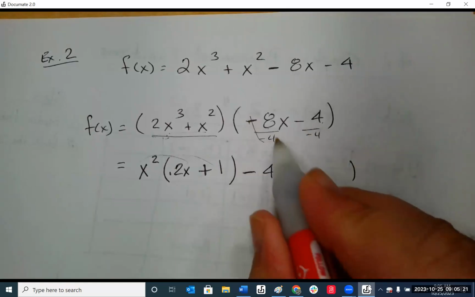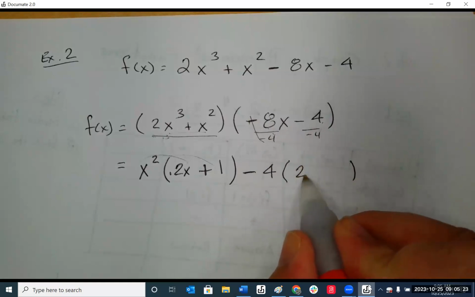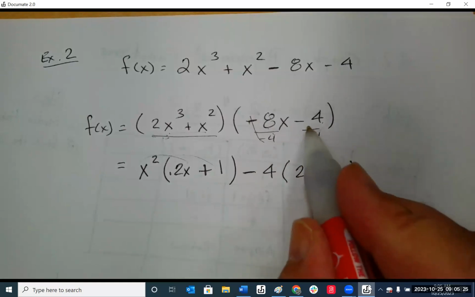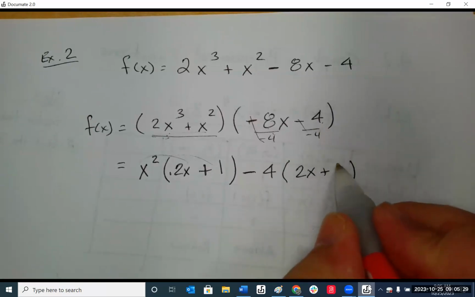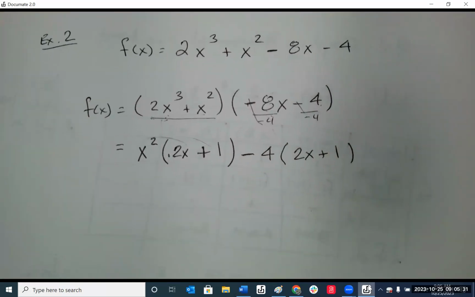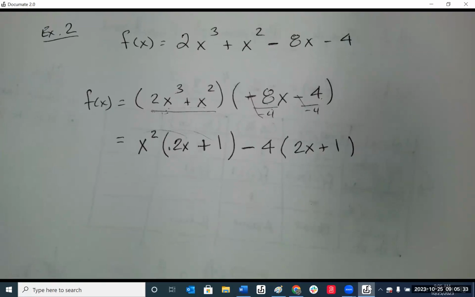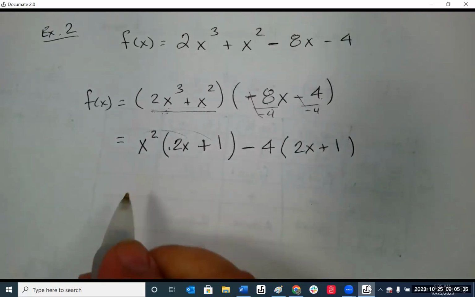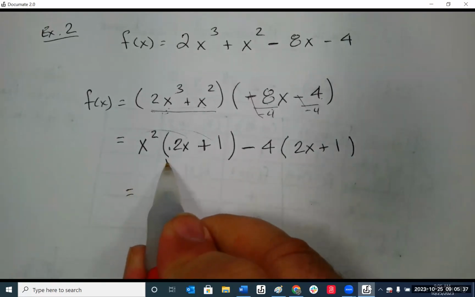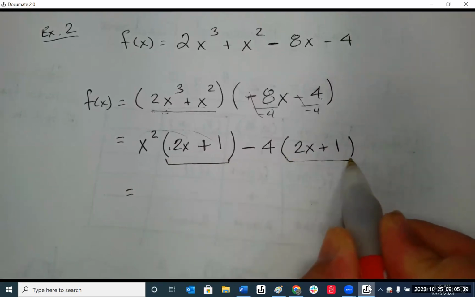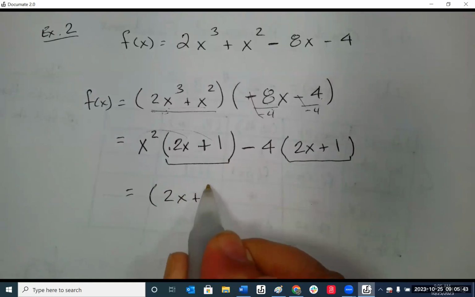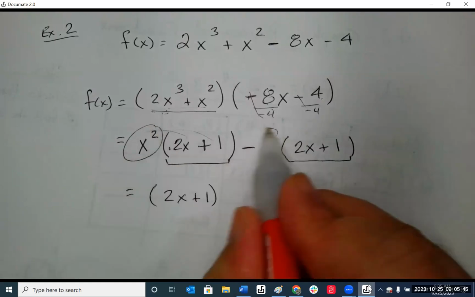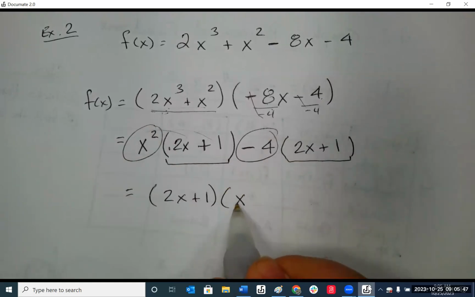Negative and negative becomes positive. 8 divided by 4 is 2. X. Negative and negative becomes a positive. 4 divided by 4 is 1. The parenthesis goes out in front, and then whatever's left goes inside the second one.